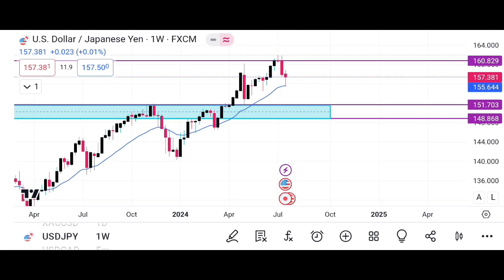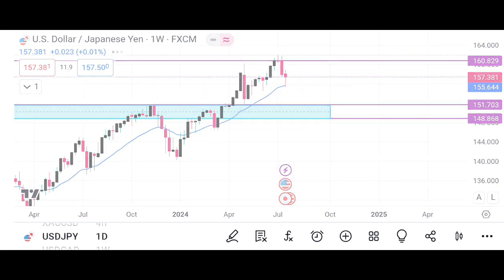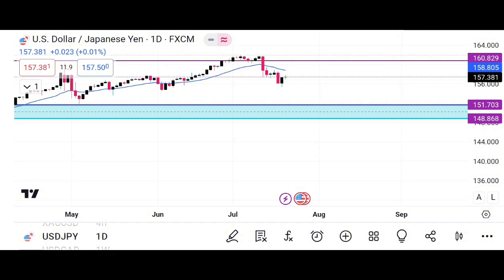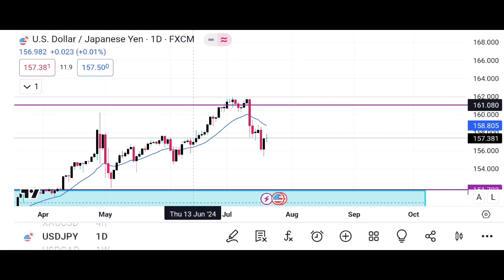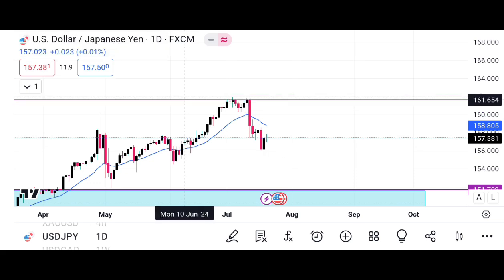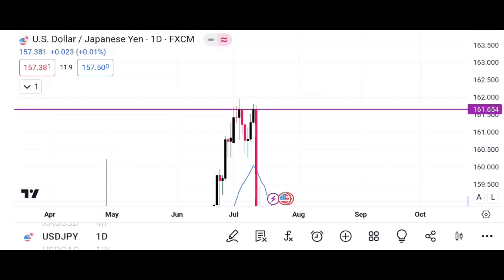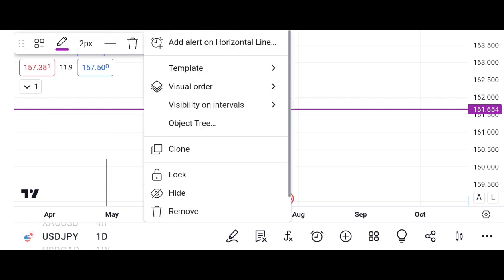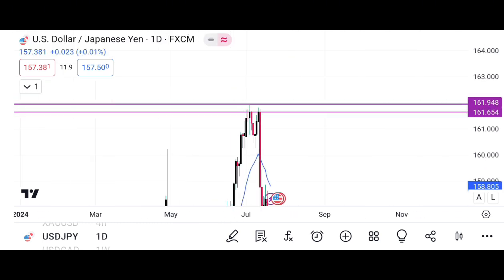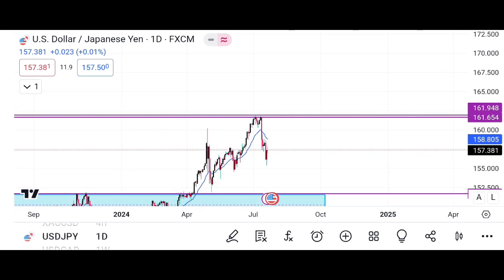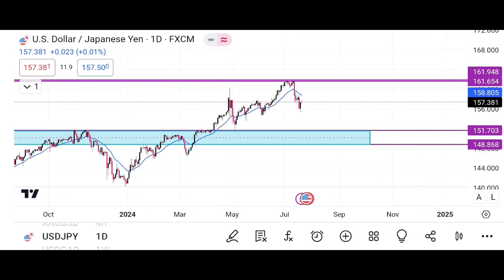Then let's go to the daily time frame. With the daily time frame, we have a double top. We have a double top for the daily time frame.